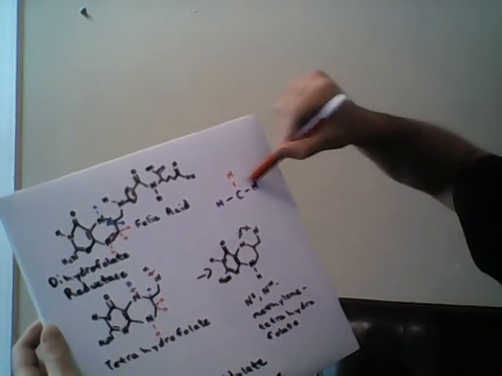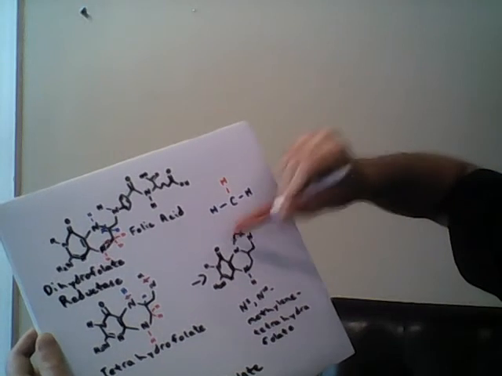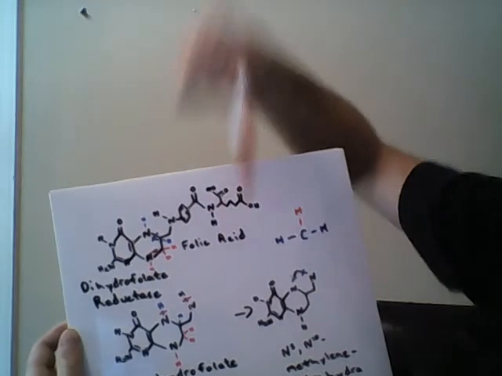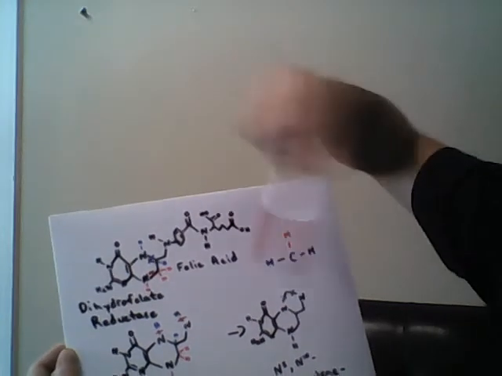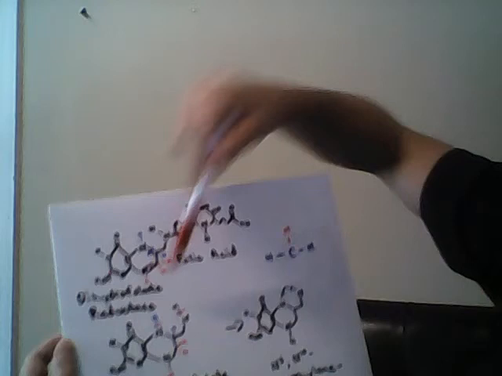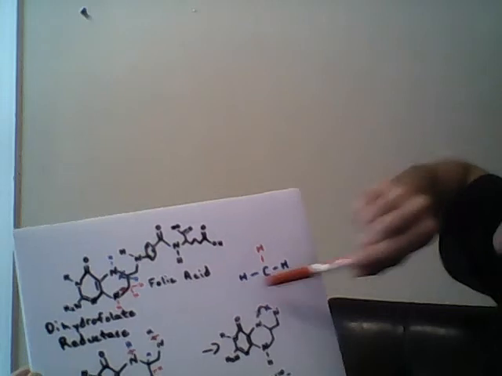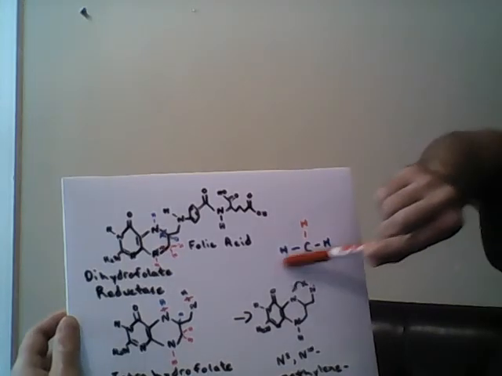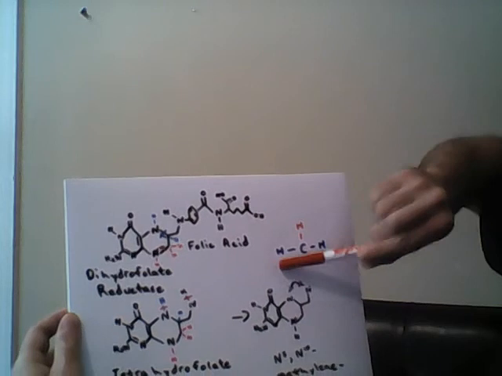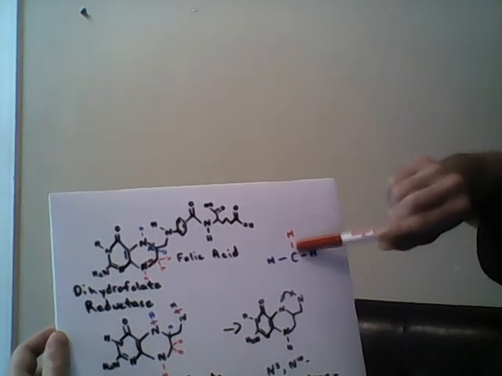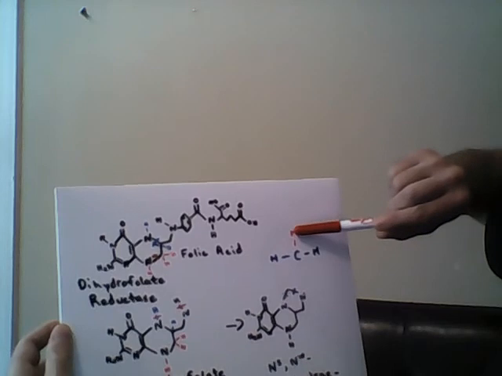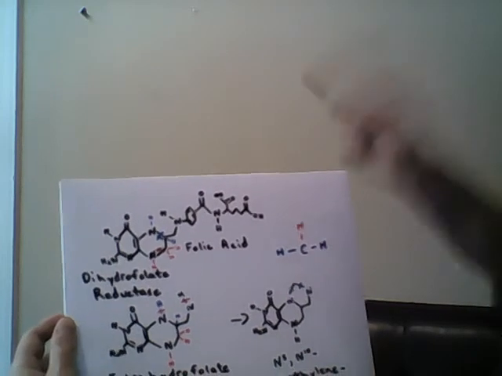And this methylene group right here came from this N5, N10 methylene tetrahydrofolate, which was basically a modified folic acid, just a series of reactions in the body that got to this. So it was actually folic acid that finally got to this. This portion right here came from the folic acid and got chopped off right there. Thymidylate synthetase is the enzyme doing these last reactions right here.